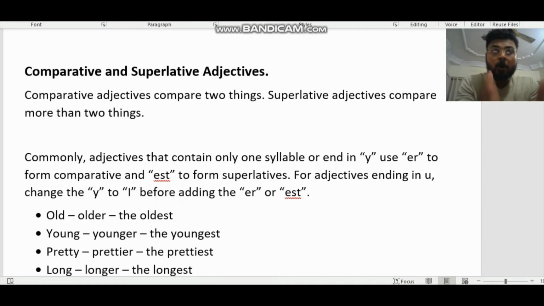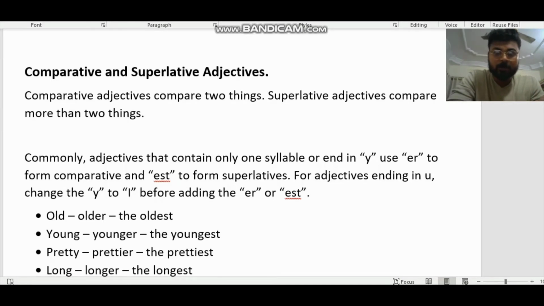Right, so commonly, adjectives that contain only one syllable. What is a syllable? Let's take the word W-O-R-D, word. Like in Urdu or in Hindi, we do break the words. To learn English, we can simply understand the words by breaking them, which means we can learn the pronunciation by breaking them.